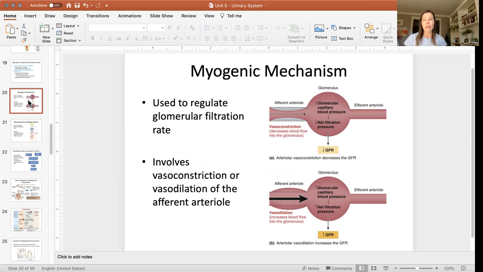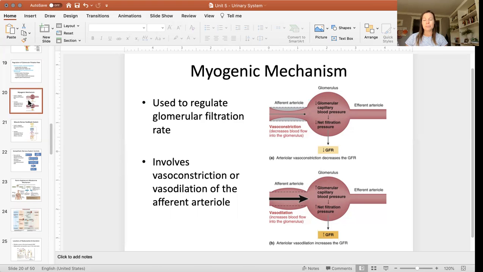So first of all, the afferent arteriole is the arteriole that is carrying blood into the glomerulus, which is that network of capillaries where filtration actually takes place. So blood has to travel through the afferent arteriole in order to reach the glomerulus to be filtered.